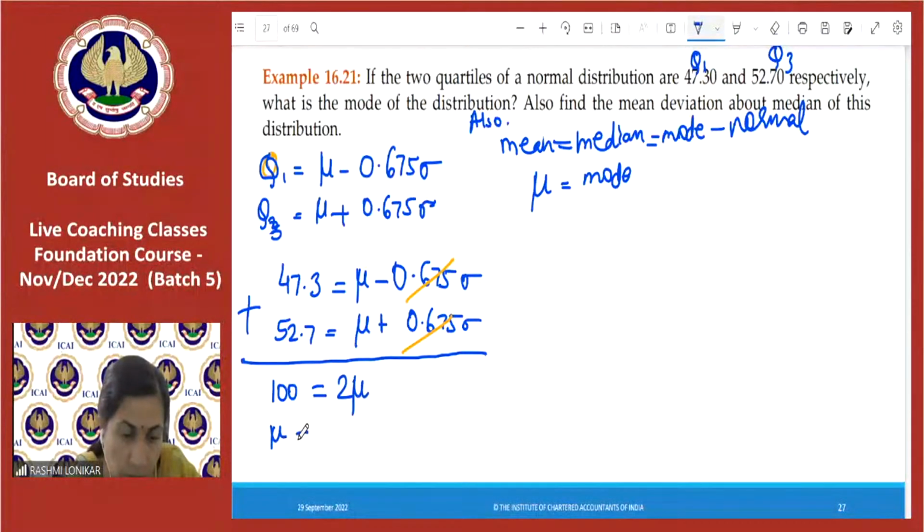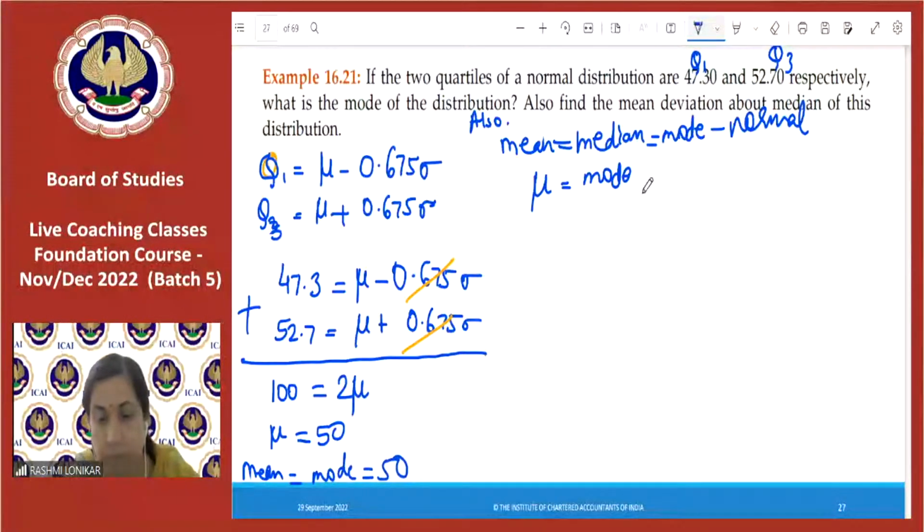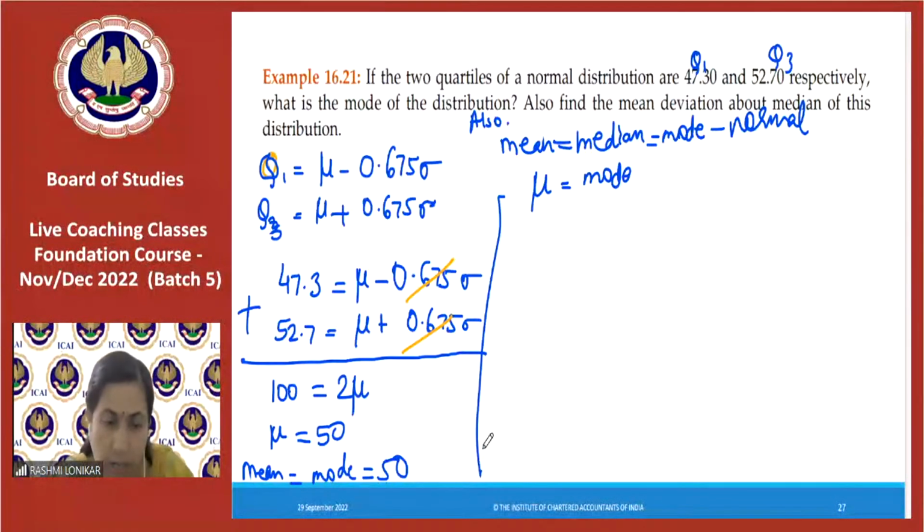Or mu is equal to 50. That is, mean equal to mode is equal to 50. Okay. Once I know this, I can easily find out sigma.